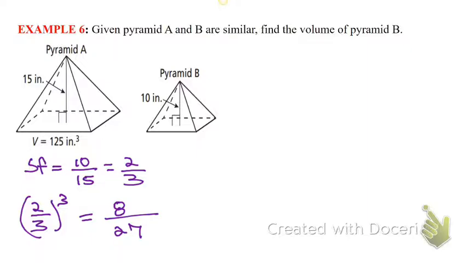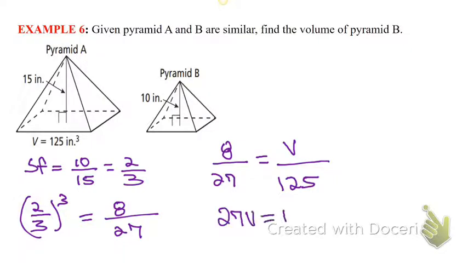Now that we know the scale factor of the volumes, we can compare the two volumes, set them equal to that scale factor, and find the volume of pyramid B. So 8/27 is going to be the volume we're looking for, the smaller pyramid on top, divided by the volume of the larger one, 125.